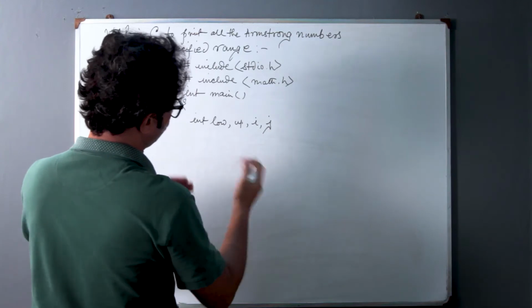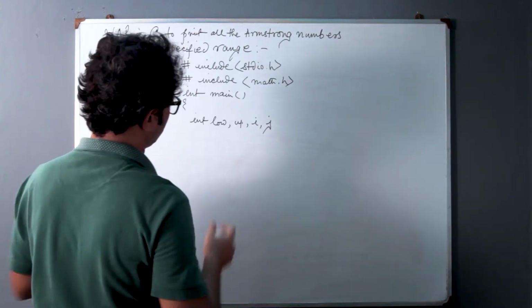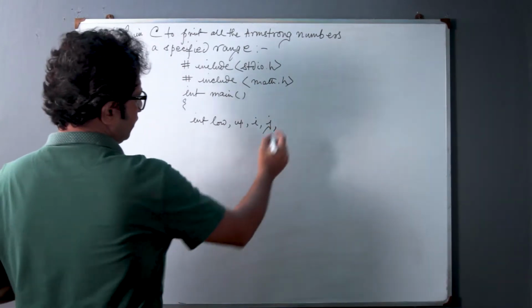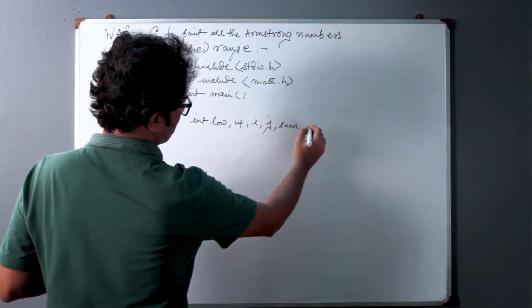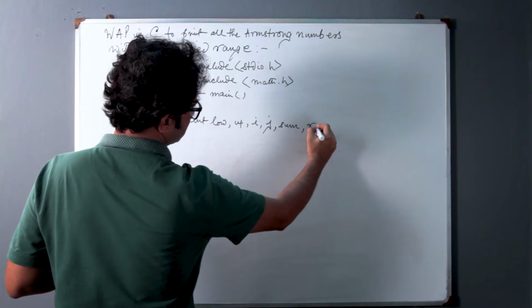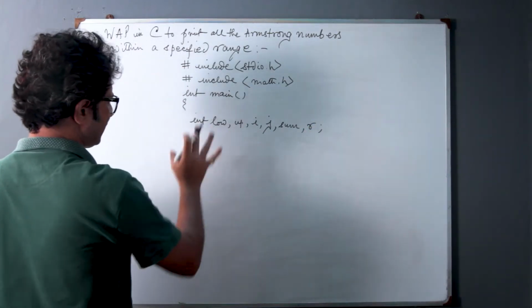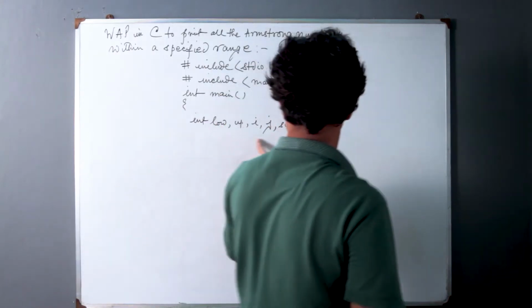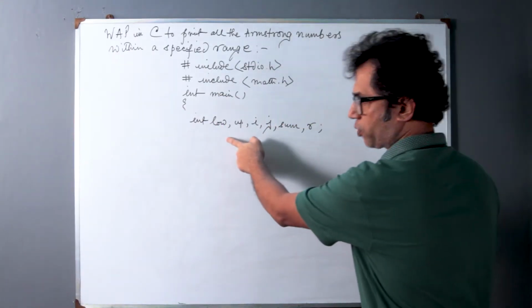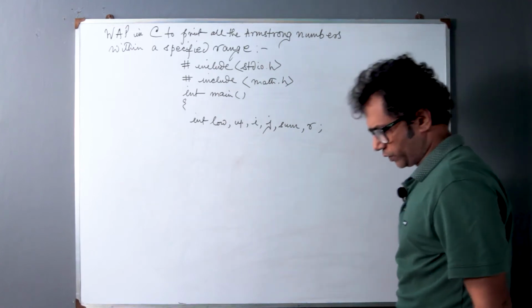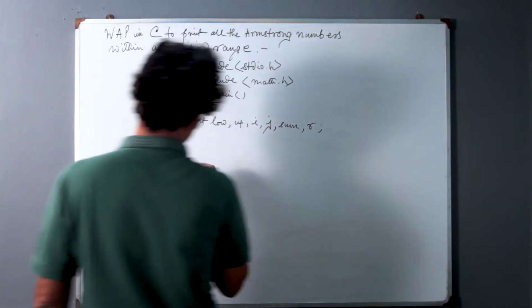And then we take sum and another one for the remainder, r. So I think these are the necessary variables to be taken beforehand while writing this program. So let us get started with writing the logic of the program.